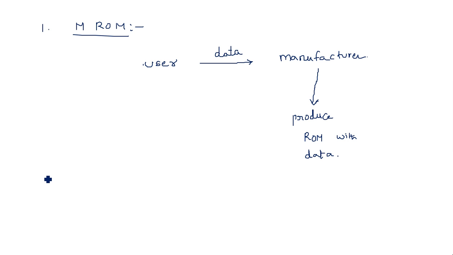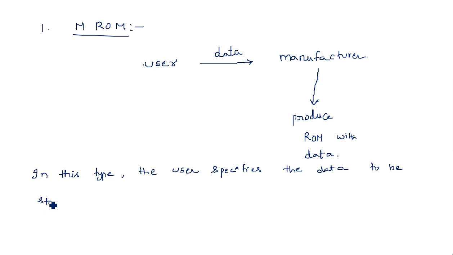So I will write here. In this type, the user specifies the data to be stored to the manufacturer of the memory.